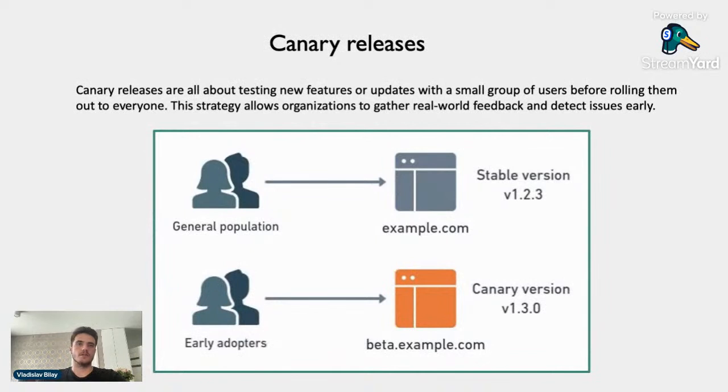The next one is canary releases. Canary releases are all about testing new features or updates with a small group of users before rolling them out to everyone. This strategy allows organizations to gather real-world feedback and detect issues early. Google Chrome Canary versions is a classic example.